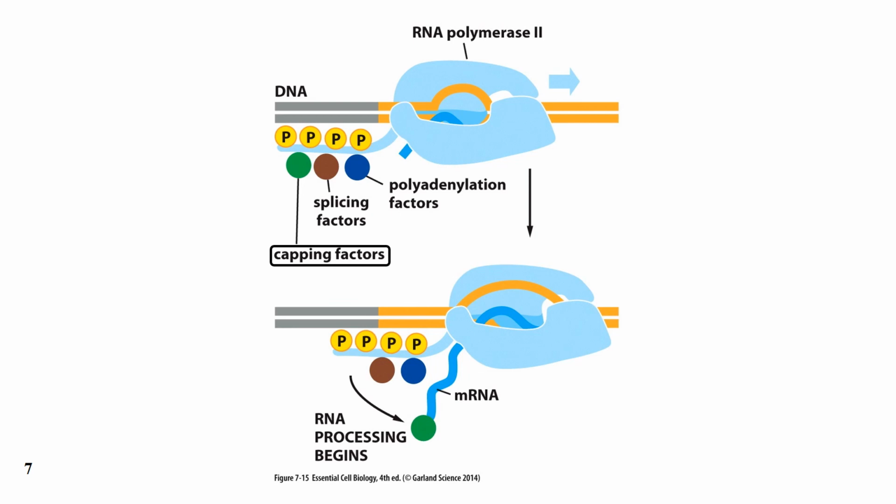However, because the 5' end that is capped is modified well before the 3' end, that capping factor has hopped off the tail and onto the 5' end of the mRNA as soon as that 5' end is accessible, and the capping factors transfer that modified guanosine nucleotide to the 5' end of the mRNA.